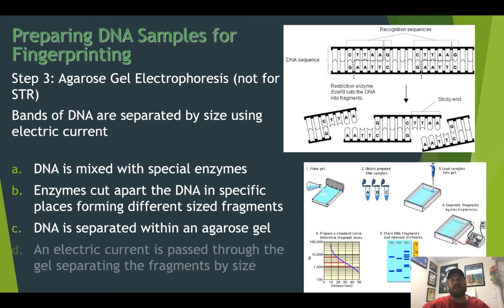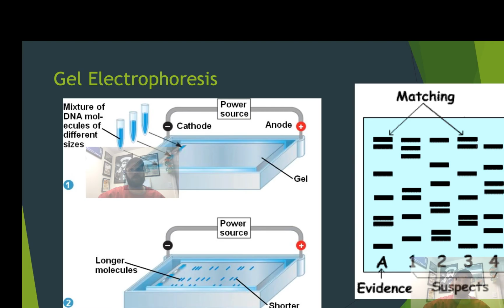Now, gravity is used to separate the water from the pasta, but to separate the different sized DNA molecules, electricity is used. That is why this process is called gel electrophoresis. When DNA molecules are dissolved in water, they actually have a negative charge.